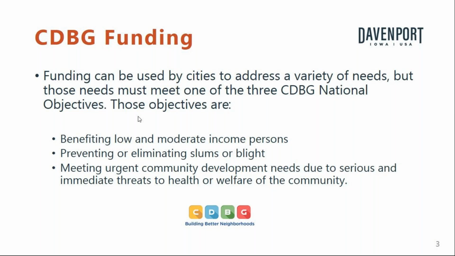Obviously, in the time of COVID, there are certain things that can be done under this national objective, but there are also quite a few restrictions that can come into play. So urgent need, even still in the time of COVID, is not a super common way to use CDBG funding because the restrictions are pretty strict. So the thing to remember with CDBG funding is that all of the dollars have to go to serve low and moderate income residents and low and moderate income neighborhoods in one way or another.